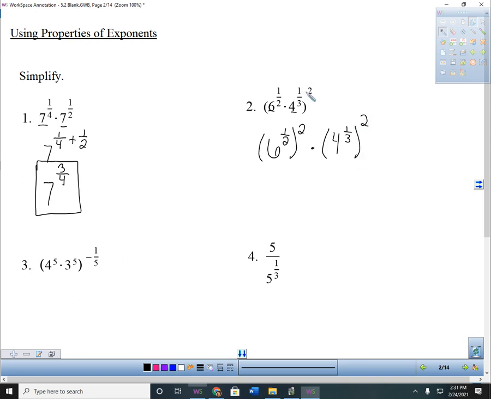I'm pretty much just distributing this power of 2, right? So then when I have a power and I raise that to another power, I multiply those together. So that would be 6 to the first power, so I don't need to put that up there, times, and then I would take the 1/3 times the 2, so that would be 4 to the 2/3. And since I can't put these together, I'm just going to stop right there.